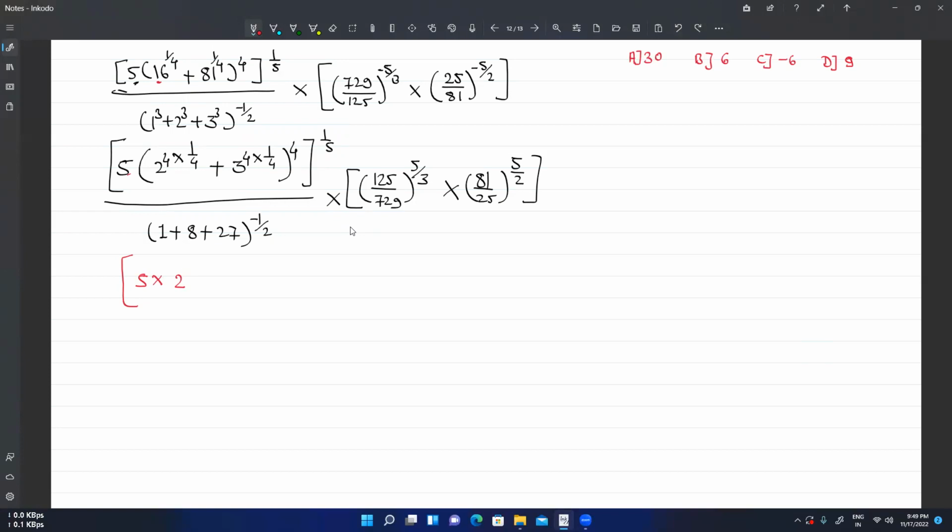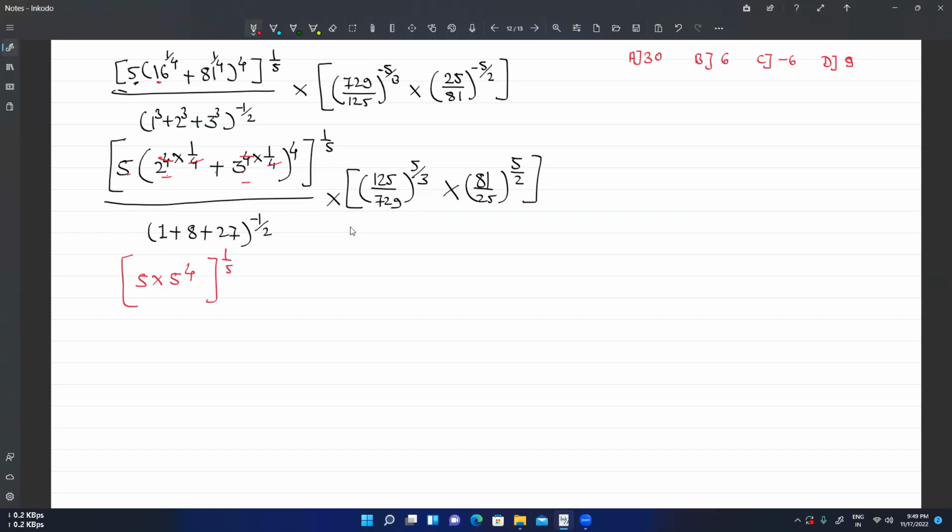Okay, now let's see what change will occur here. This 4 will be cancelled out with this one, this 4 will be cancelled out with this one. So what remains in this bracket is 2 plus 3, that is 5. Okay, 5 raised to 4 of course, and a whole bracket raised to 1 upon 5.